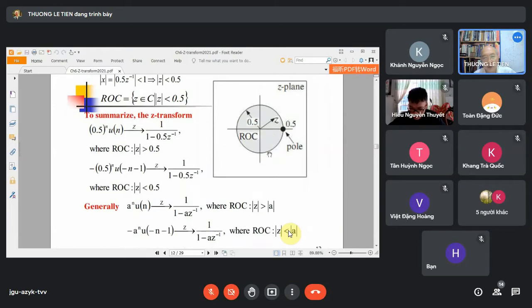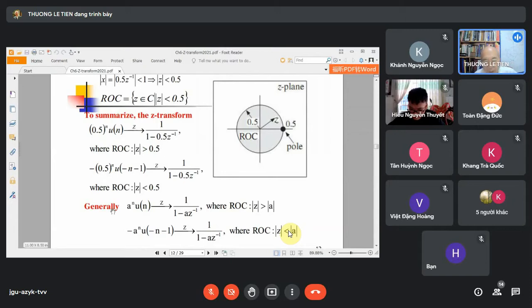To summarize the Z transform, we work out the result. Causal or anti-causal, we get the same Z function except for the region of convergence.